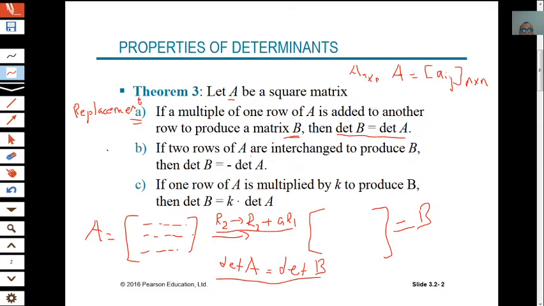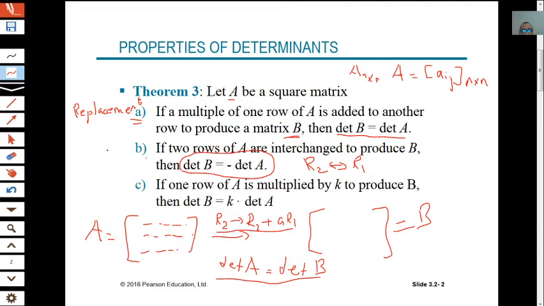If two rows of A are interchanged to produce B, then the determinant of the new matrix will be equal to minus determinant A. If we interchange the rows R2 and R1, the second row operation, then the determinant of the new matrix B will be negative determinant A. This is very important.